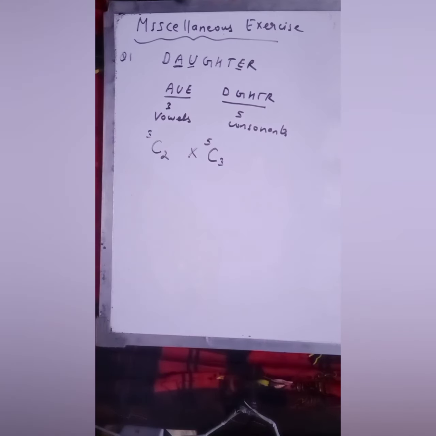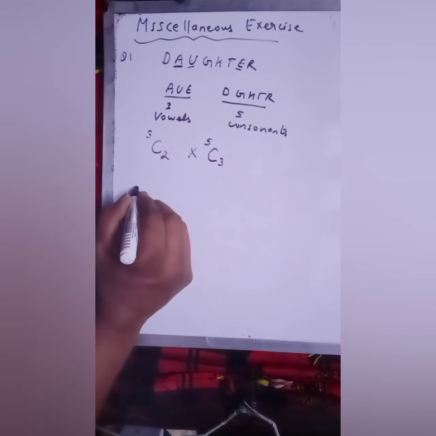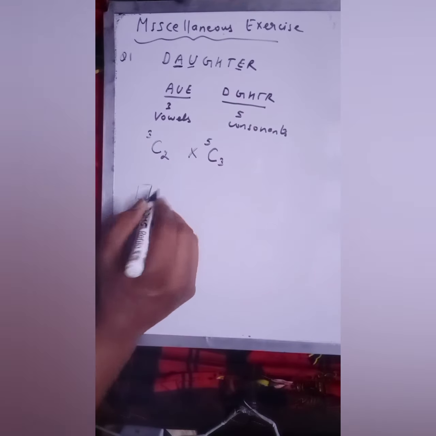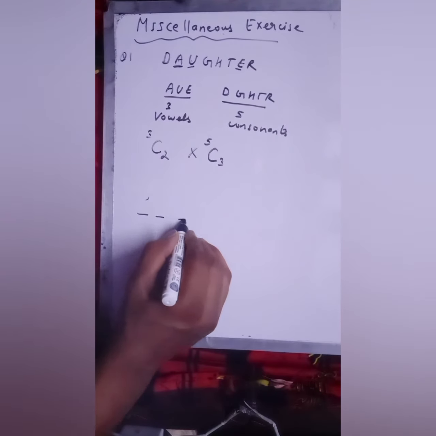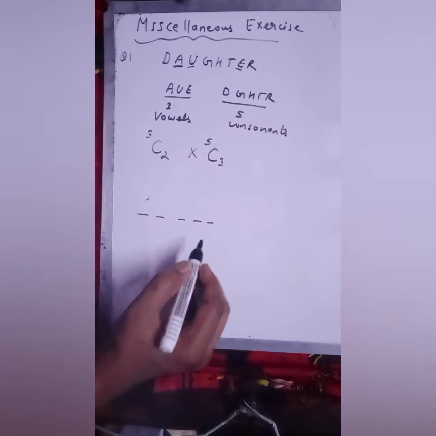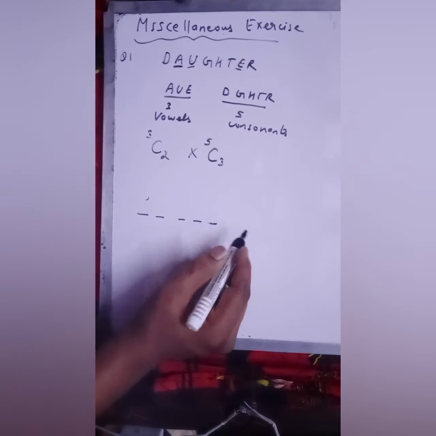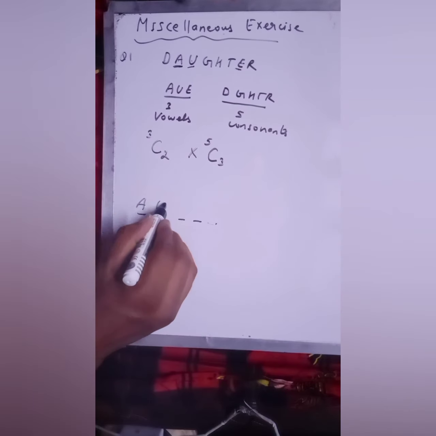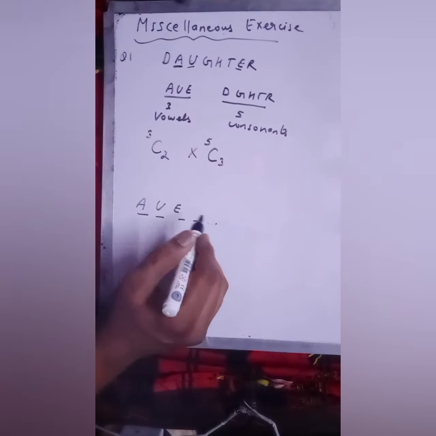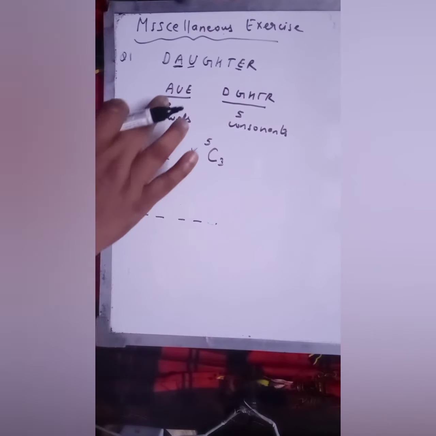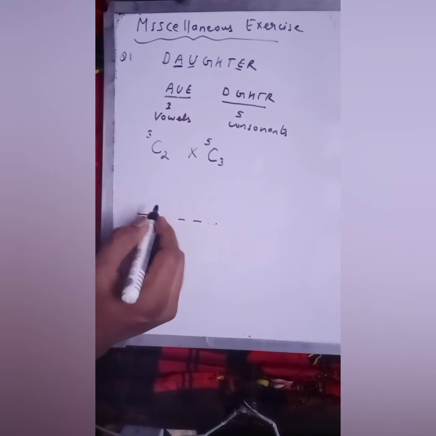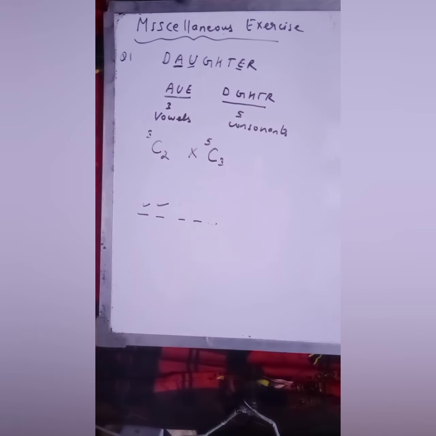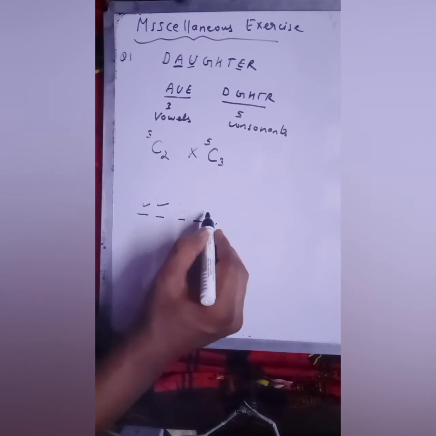Now suppose you have arranged all the 5. You have to make a 5-letter word according to the question. Any two letters you choose from A, U, E. Suppose these two places are occupied, and any 3 letters you choose from the consonants.